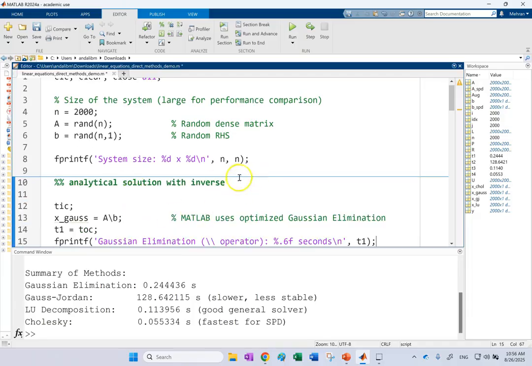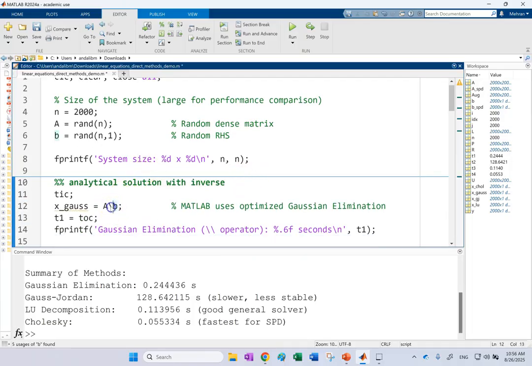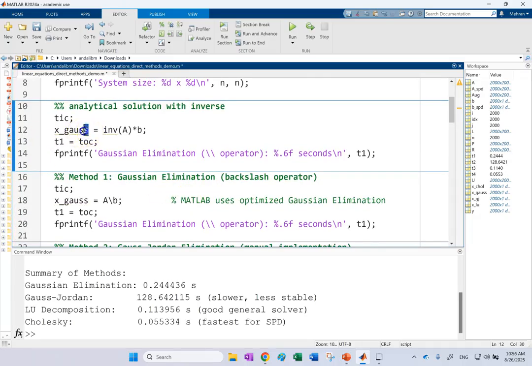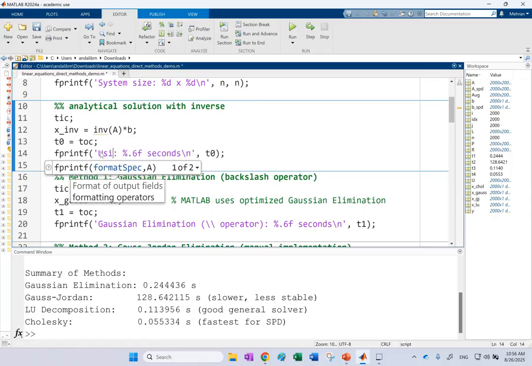So here I do another one, and this time I say this is inverse of A times b, and I call it x of inv, and then I call this t0, and then show here t0, and then say using the inverse of coefficient matrix.